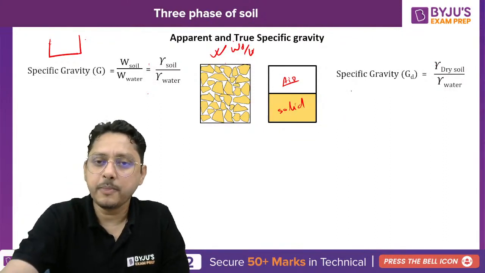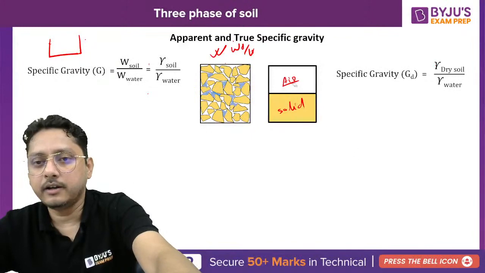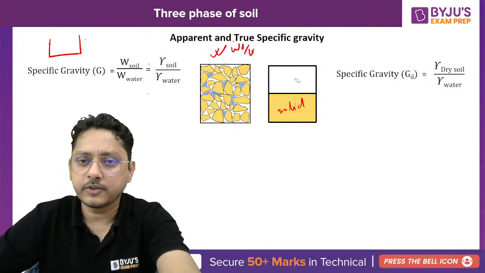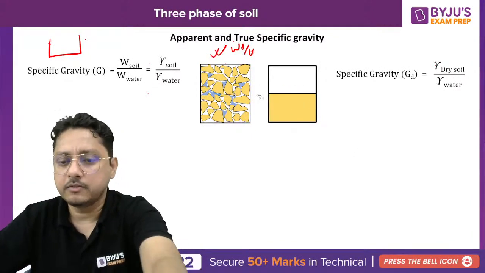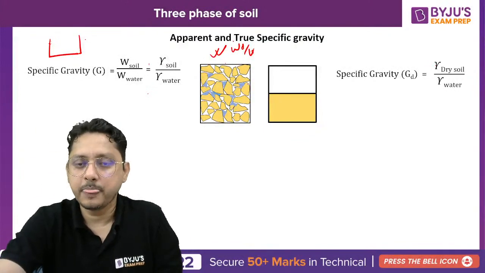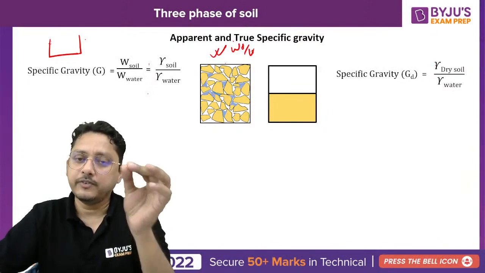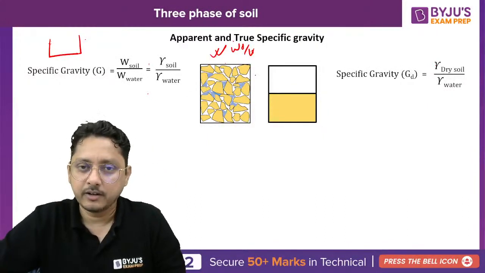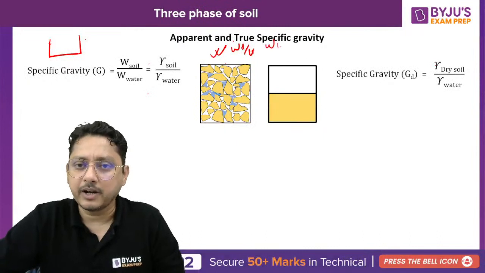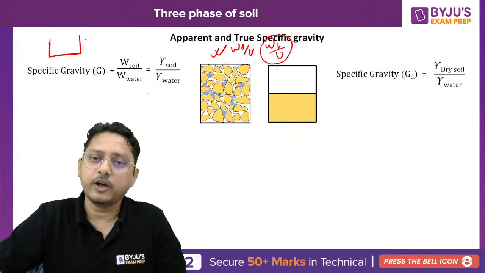Sometimes, if a few portions of the void are filled with water, what is the specific gravity now? Now you will take the weight of this soil. If a few portions of the void are filled with water, you will get another weight. So that weight, if you are taking some bulk weight divided by volume, and the volume is not changing at all, that unit weight you will call the bulk unit weight.